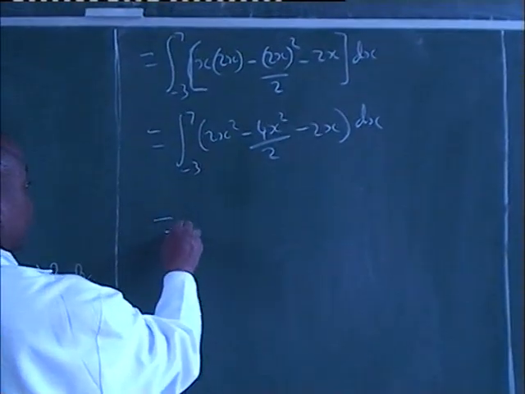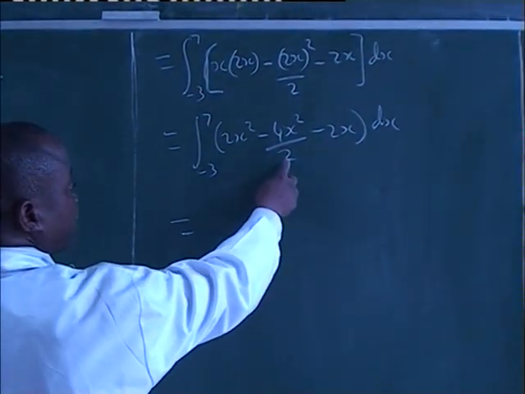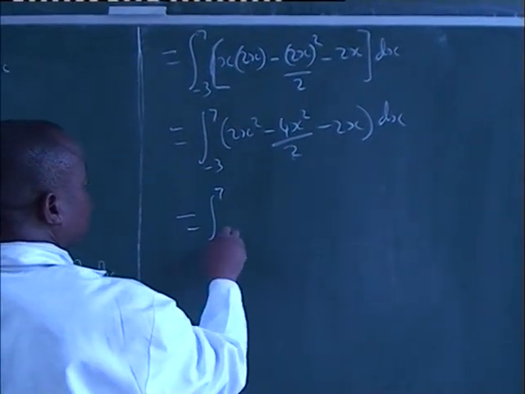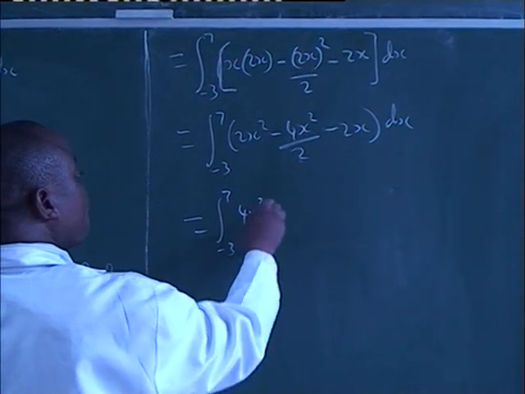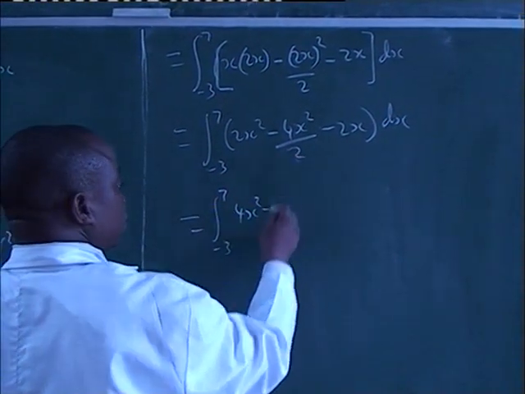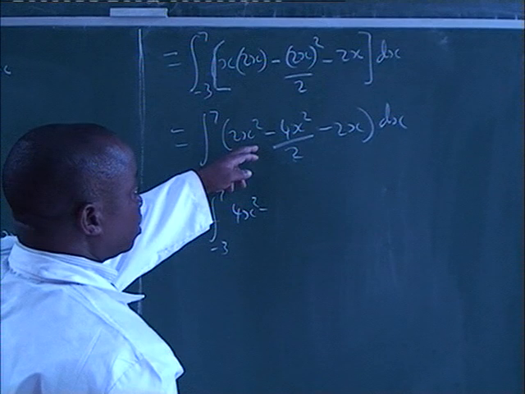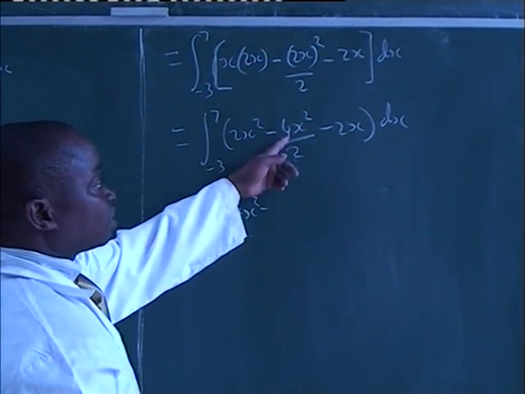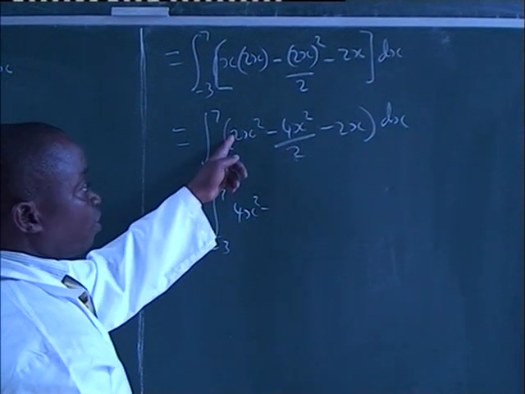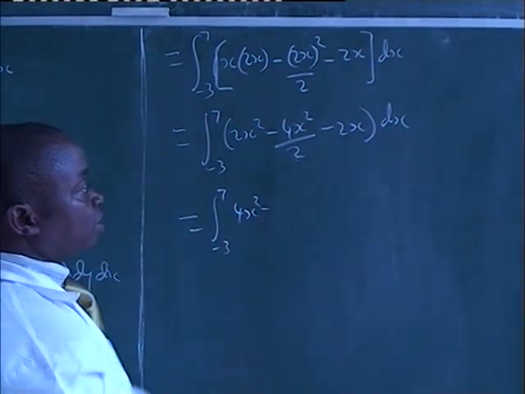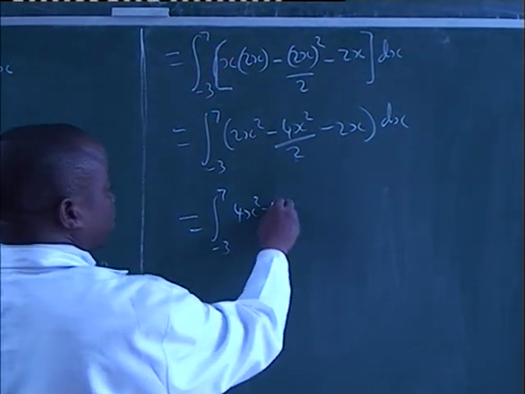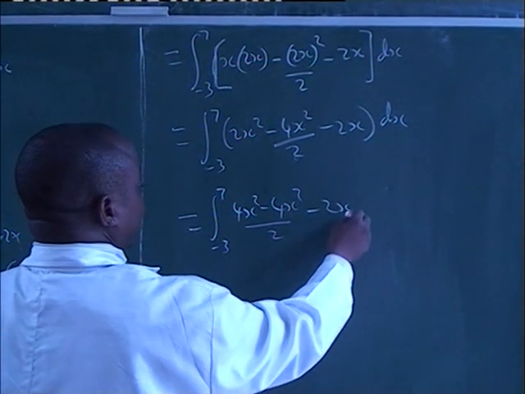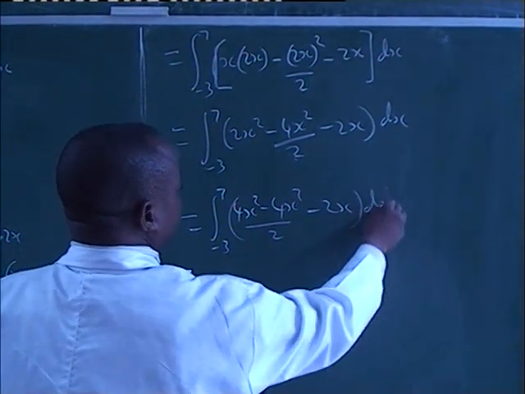We'll have the integral from 7 to minus 3 of 4x squared minus 4x squared over 2, which will be 0, minus 2x, dx.